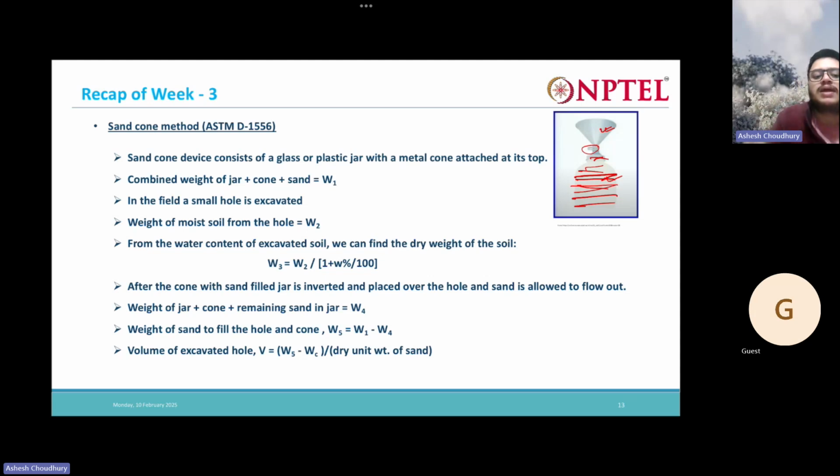From there we can calculate the volume of the excavated hole. Volume is equal to (W5 minus WC) divided by the dry unit weight of the sand, where WC is the weight of the sand in the cone.